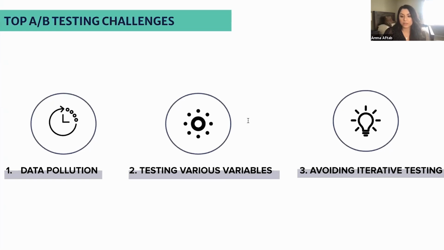And last is strategists avoiding iterative testing. It's incredibly common for most strategists to give up after the first iteration of an experiment and move on to a brand new hypothesis. However, this is really problematic since most tests fail on the first try. I think there's maybe been one experiment I launched where it did really well on the first try, and I don't think there's that many I can think of.